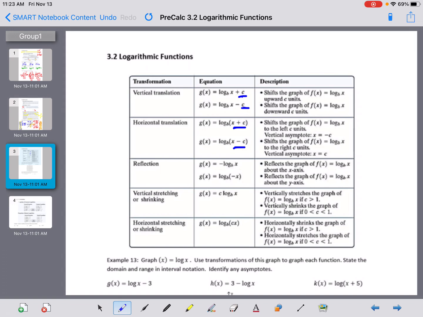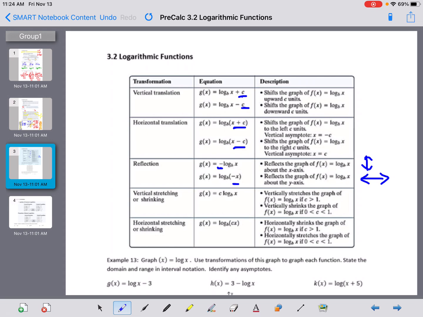Okay, the reflections, remember, not connected to the x is that negative out front, and it's going to flip that graph from top to bottom. Okay, but if we get that negative inside with the x, it's going to go from left to right. So if you think about that graph right now in that basically fourth quadrant to first quadrant, okay, if I do a vertical, which is the top to bottom, it's going to kind of start up along the y-axis and fall down, okay?